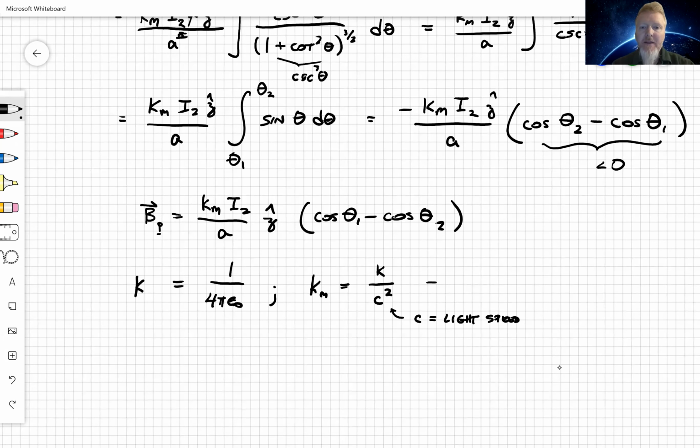So K magnetic really is 1 over 4 pi epsilon naught c squared. And this is the way in which I will write it.